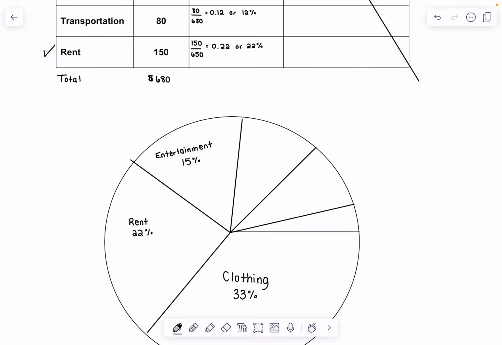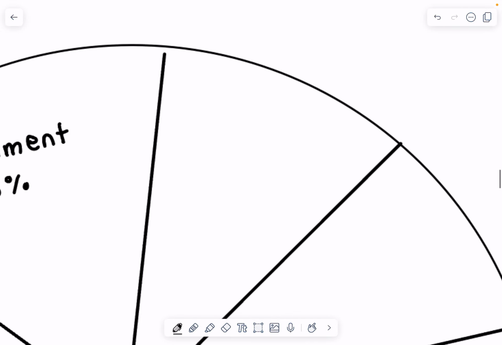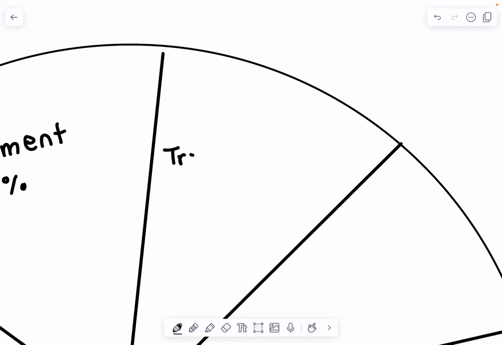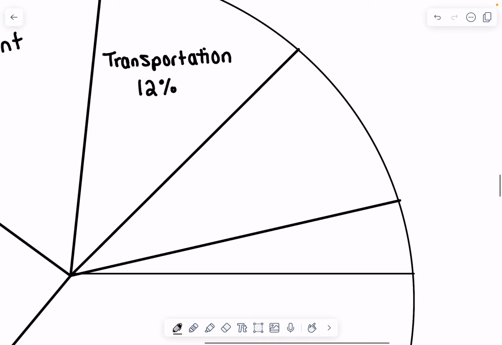Okay. I think visually it's just a little bit smaller, so that works. So we have transportation is 12%. And then we have lunch as 11.